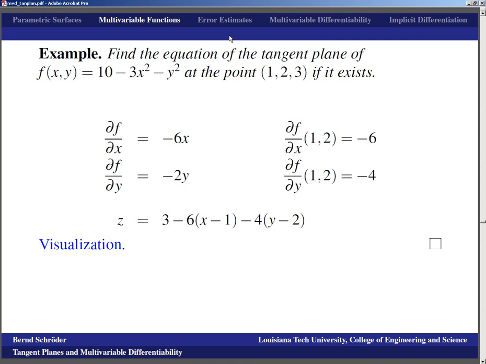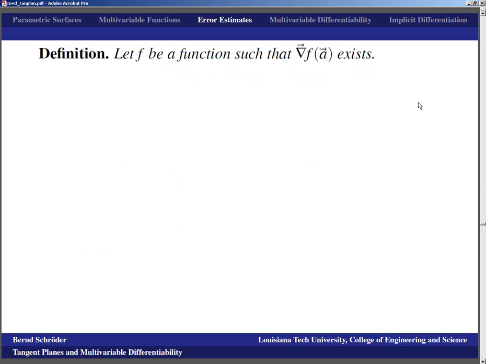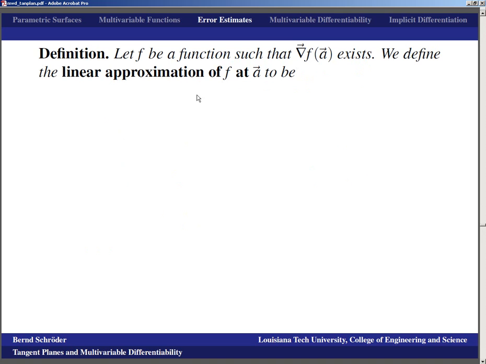But one thing that you have seen in labs potentially already is that these partial derivatives are also used to do error estimates. Because basically, if you have a function such that the gradient of the function at a exists, well, then we can define the linear approximation of the function f at a, evaluated at r, to be the value of the function at a, plus the gradient at a times the displacement from a, which is r minus a, and of course when I say times, I mean the dot product here.